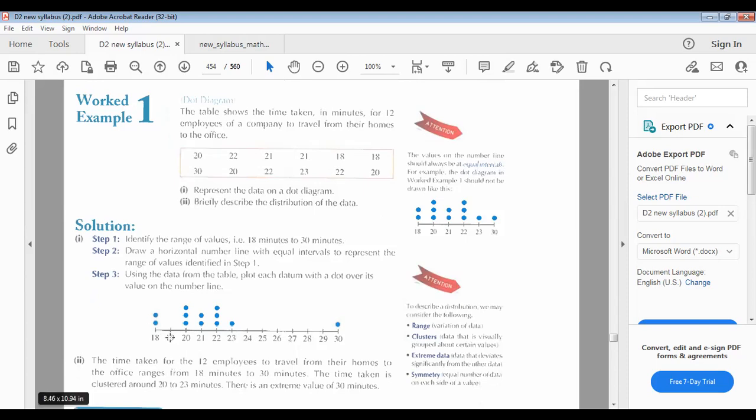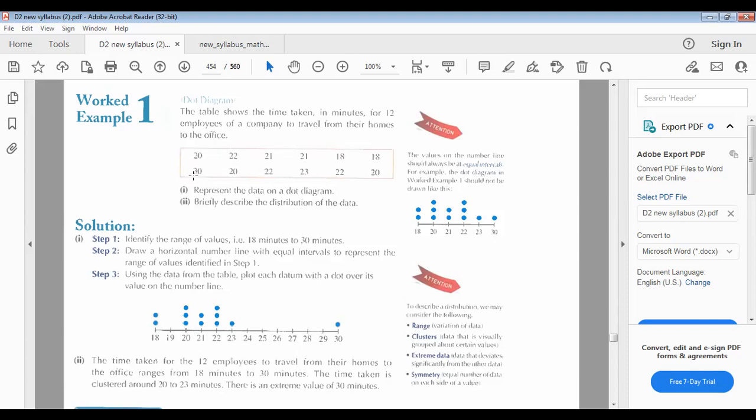Okay, now at 19 there is no 19. At 20 there are 1, 2, and here it's 3. At 21 there are 1, 2. At 22 there are 1, 2 and 3. At 23 there is 1. At 24 none, 25, 26, 27, 28, 29 none. At 30 there is only one.